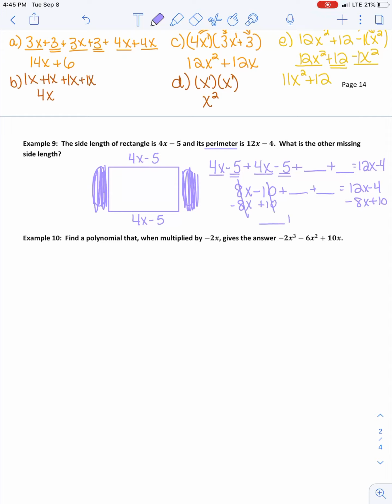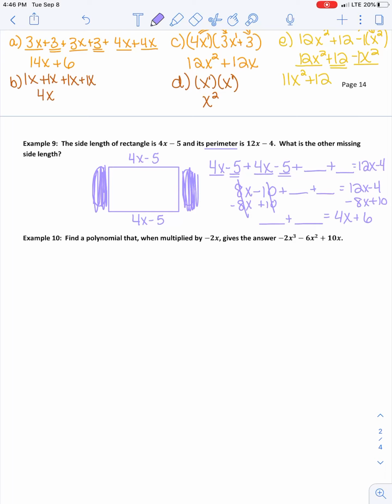We have a blank plus a blank is then equal to 4x plus 6. Because I took the 12x and I subtracted the 8x, which gave me 4, 12 minus 8. And then I took -4 plus 10, and that gave me 6.